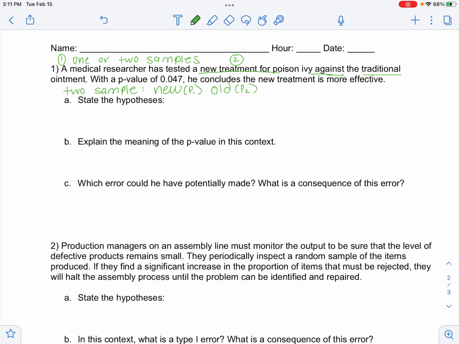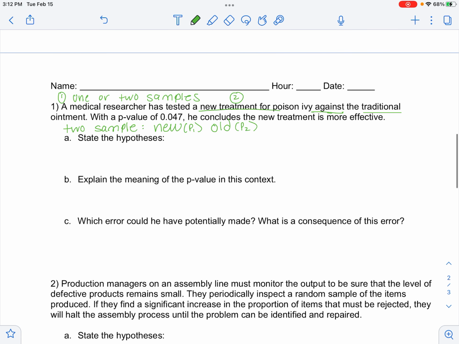Then it goes on to say with a p-value of 0.047, he concludes the new treatment is more effective. Now, a p-value is not the same as p. There are 3 things with p's that you need to get straight in your head: p, p-hat, and p-value. Make sure that you can define each of these separately and you know what each of them means.